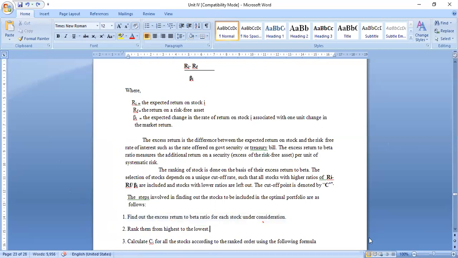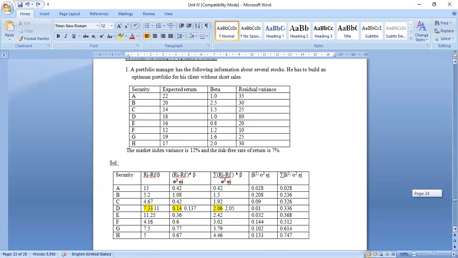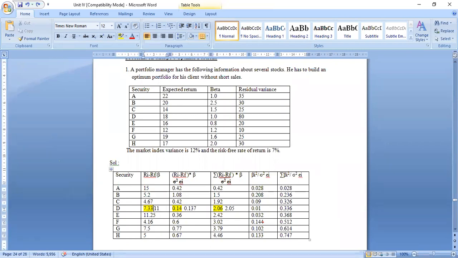The second step says that you have to rank them from highest to lowest. You can rank them based on this. Again, you would have to prepare a separate column for each of the securities from highest to lowest, and this also will change. So you can do it, or you need not do it also, because when we are calculating the value of C star, that is cutoff rate, you will actually get to know that all the values which are at the lower end will not be taken into consideration for selection of portfolio.